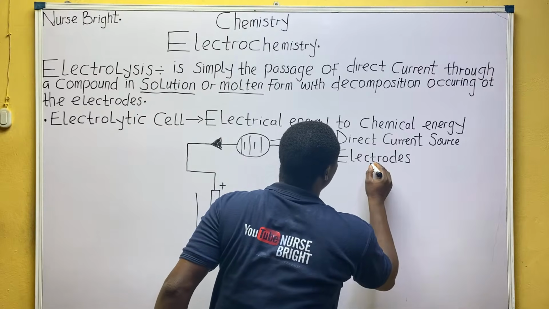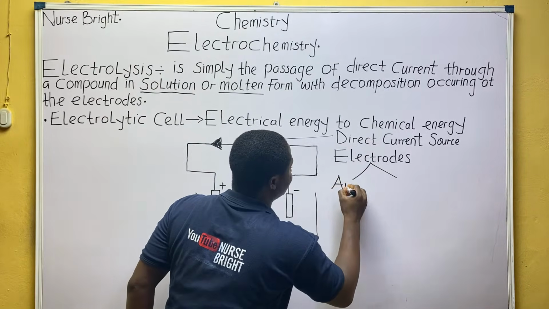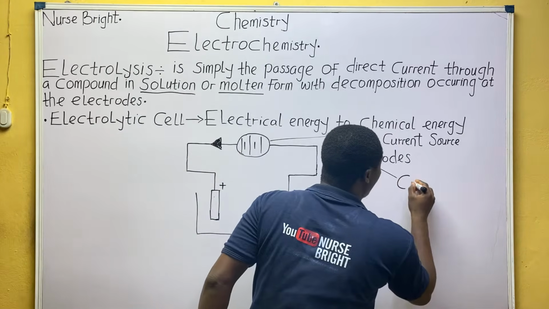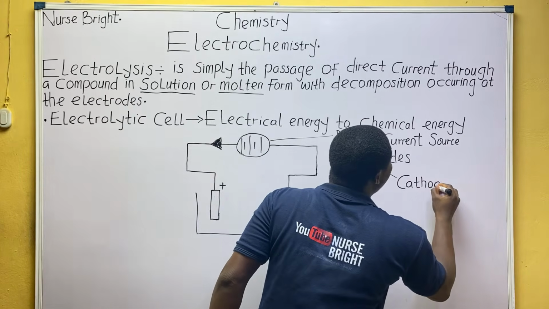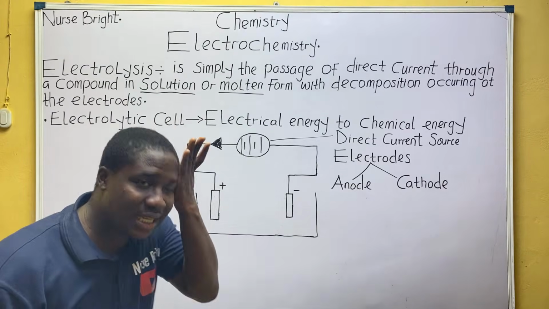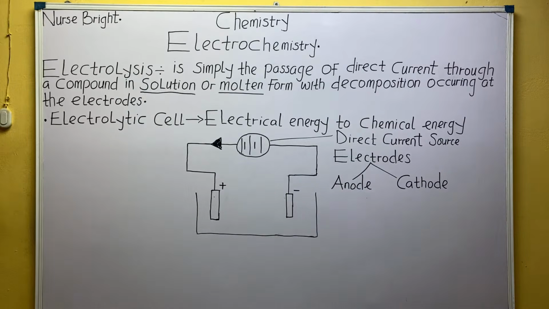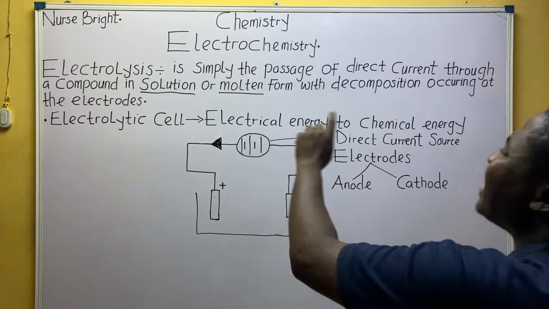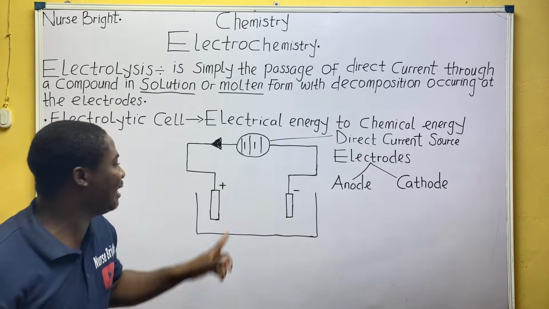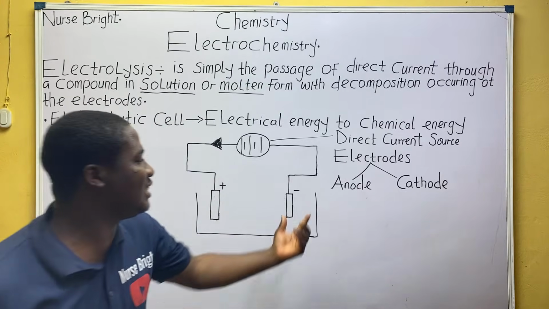So electrodes are of two types. Electrodes can be anode, and electrodes can also be cathodes. In this aspect of chemistry, listen well. They can ask you: in an electrolytic cell, which terminal is positively charged, and which is negatively charged?